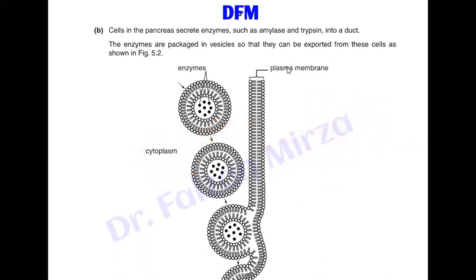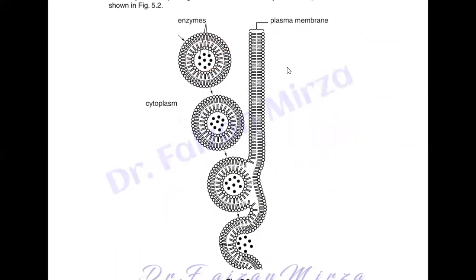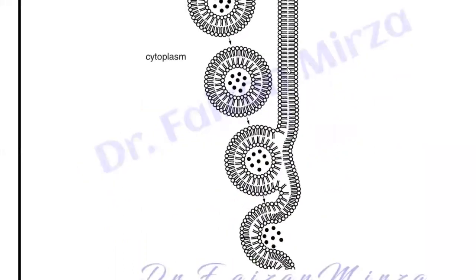So what's happening? The enzymes are being packaged into vesicles and exported out from these cells, that's shown in figure 5.2. So these are the vesicles, and they are just releasing the enzymes outside the cell. These vesicles, you can see, have a phospholipid bilayer, and they start to move towards the cell membrane. The phospholipids move, so the polar heads start to bond together.